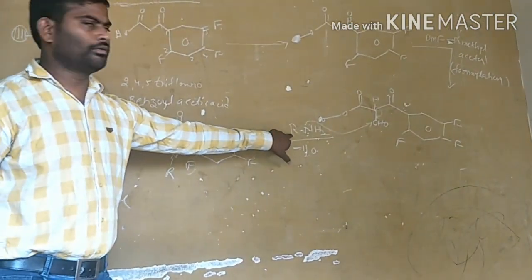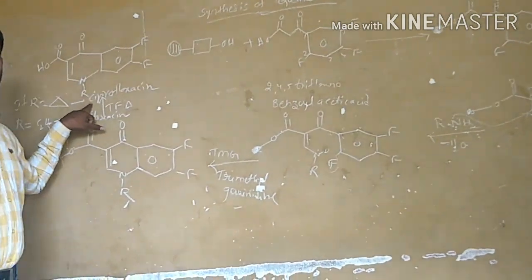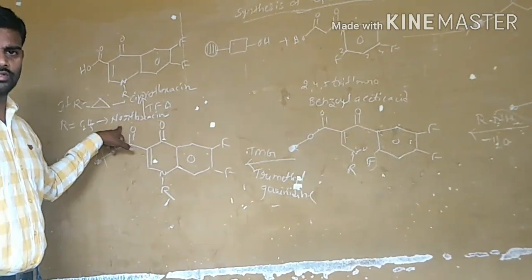By changing the substitution here, by taking these different amines, we get different drug molecules. One is ciprofloxacin and the second one is norfloxacin.